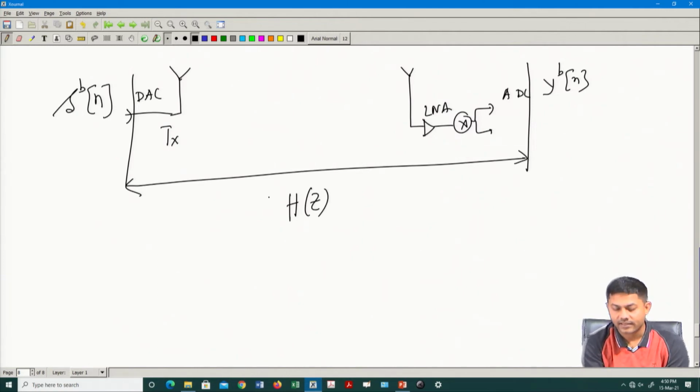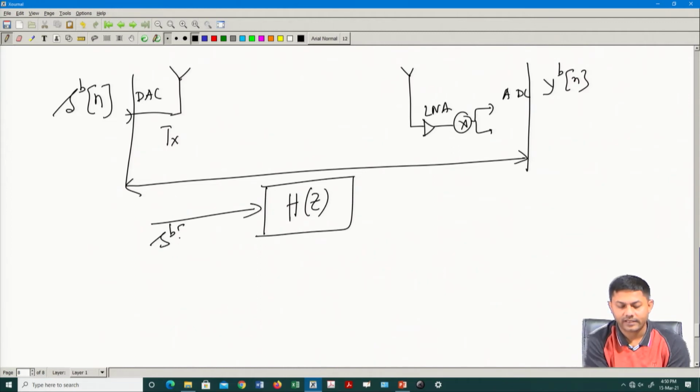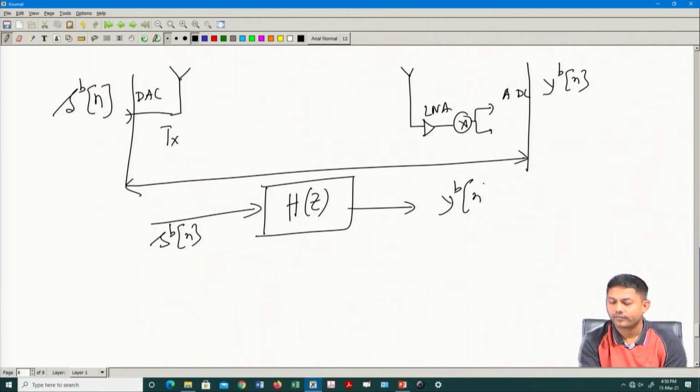A finite impulse response, we have discussed it. So this is my S_B[n], this is my Y_B[n]. How do I estimate my spectrum? If this is the finite impulse response, it is a Z transformation. If I know the taps, I can easily get it.